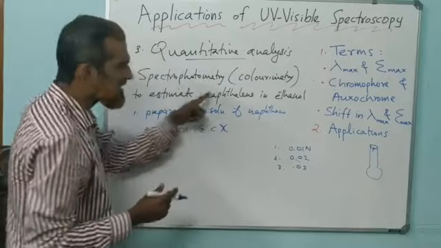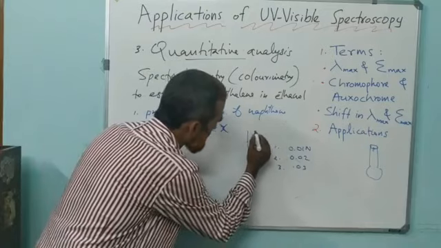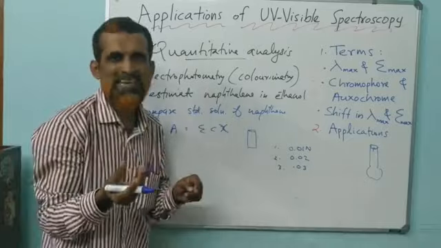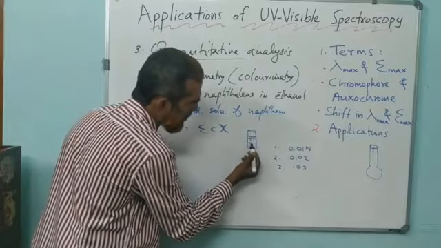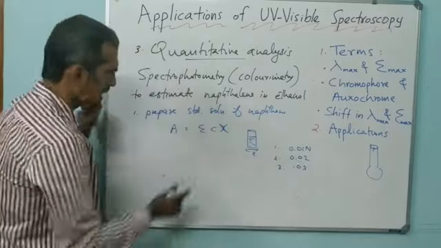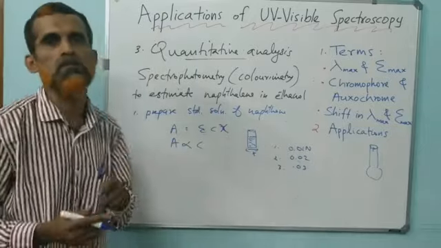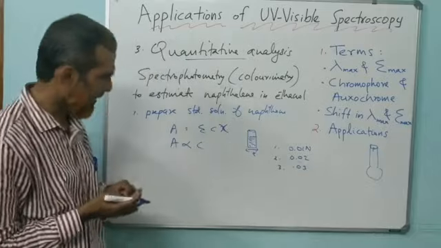For a given instrument, x is also a constant. x is the length of the solution; the instrument contains a cuvette, a glass vessel in which we take the solution to measure the absorbance, so the length is fixed. So these two are constants, and we can write A proportional to C. This is the principle of colorimetry: absorbance is proportional to concentration.